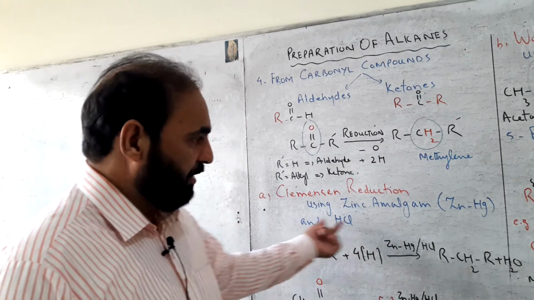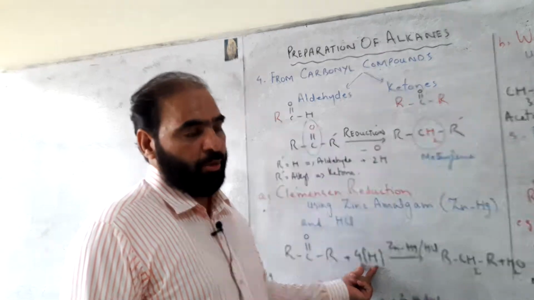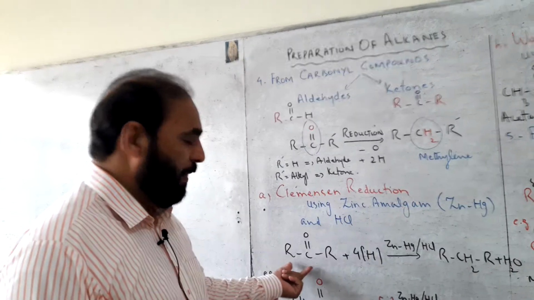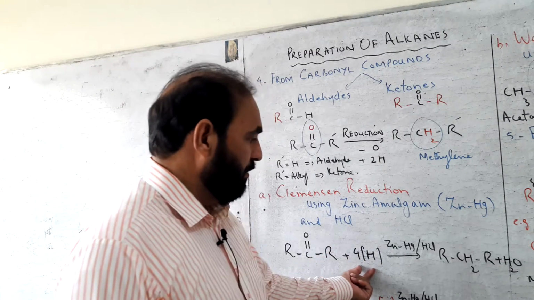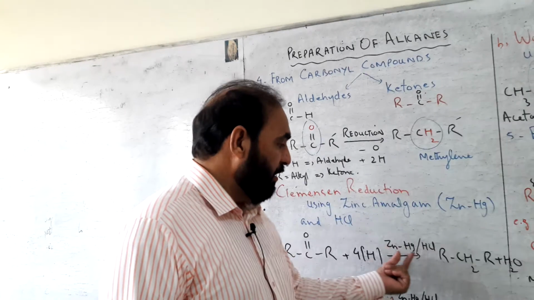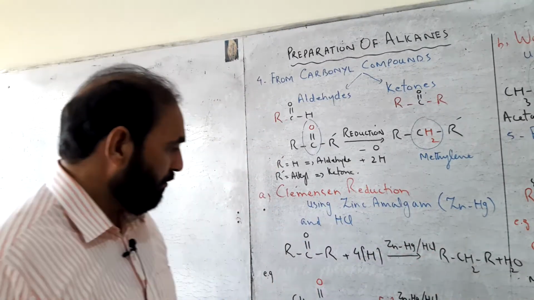The reaction is not necessary to be represented here. We use only atomic hydrogens for the reduction of a carbonyl compound. These atomic hydrogens are produced when zinc amalgam is treated with HCl.